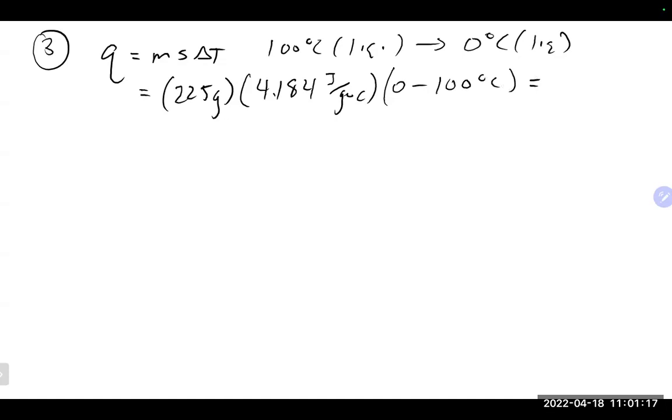So 225 times 4.184 times 100 gets us 94,140 joules, and that would be how much energy would need to be released as this water is cooling down. Any questions so far?